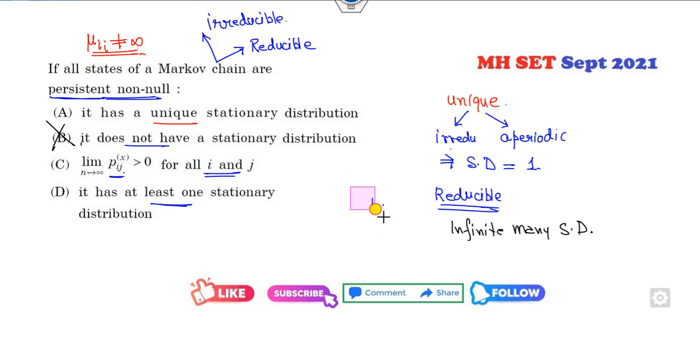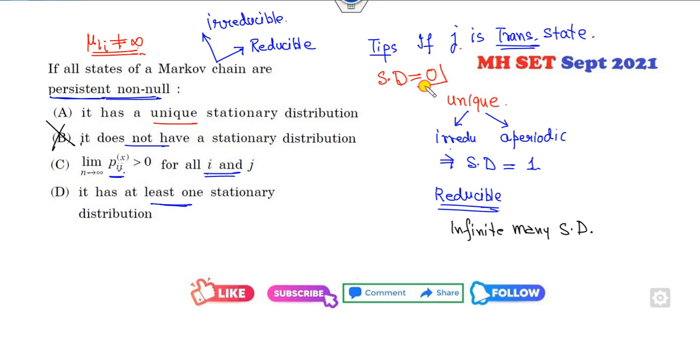Why? As I told you, remember that if j is my transient state, fine, what is the shortcut trick as I gave you? If j is my transient state, then the stationary distribution will be 0. But he said strictly greater than 0.